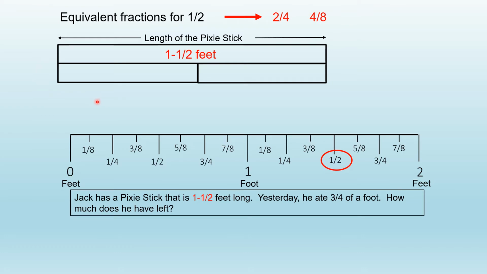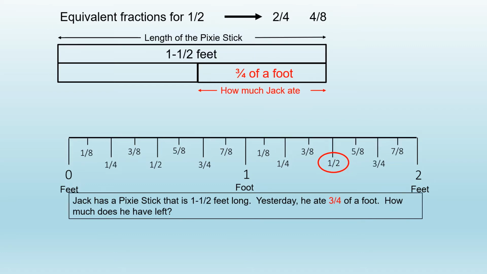We know that the pixie stick is 1.5 feet long, so that is going to go into this top box, which is the overall measurement of that pixie stick. We know that yesterday Jack ate 3/4 of a foot.